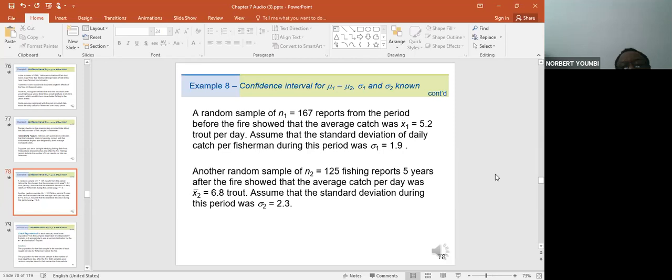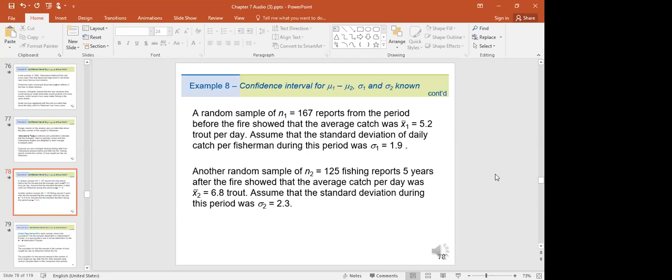We have data. Do you have your calculator? Yes, I do. So you go to start and then test. We will go down to 2 sample Z interval. We choose 2 sample Z interval because sigma 1 and sigma 2 are known.